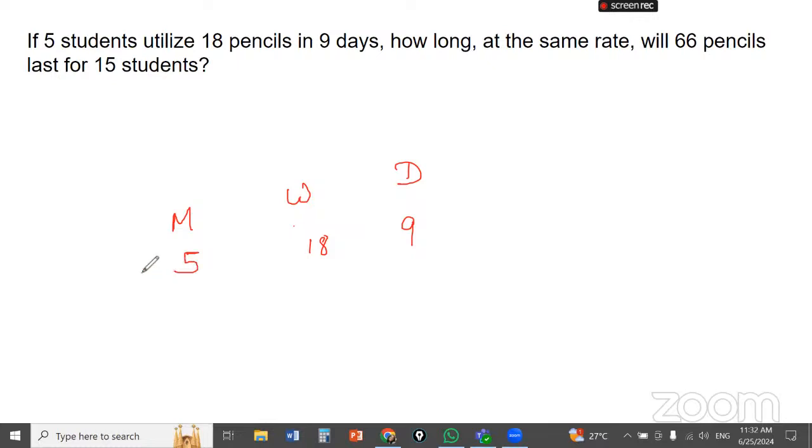Five students. If there are 15 students, 66 work done and the days. Yeah, 15 and 66. You took it at the top, I took it at the bottom. Okay, no problem. Both are right.